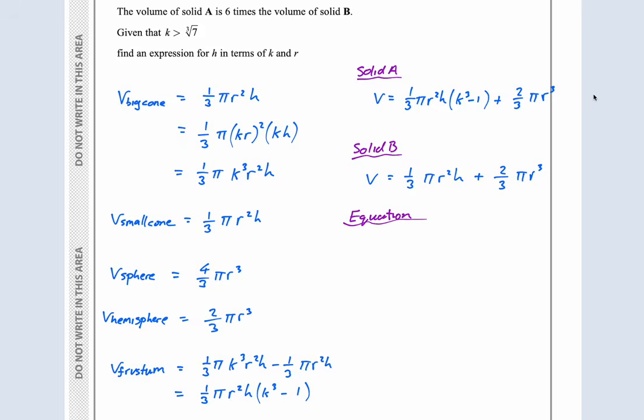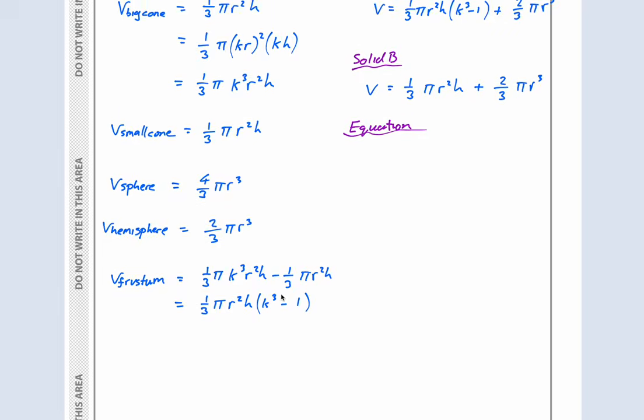I think I'm going to need to do it down here, because this is a big equation. The volume of solid A, that's this guy here: a third pi r squared h times k cubed minus 1 plus 2/3 pi r cubed is equal to 6 times this.